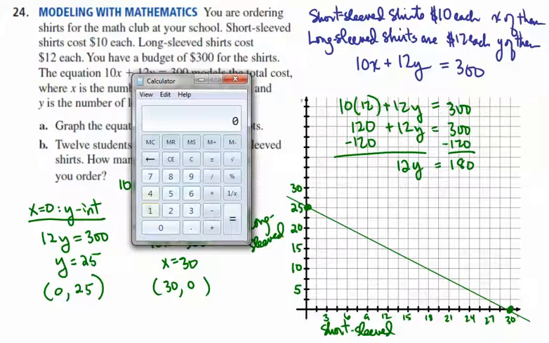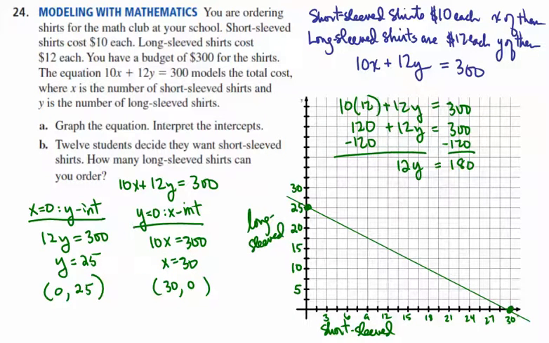And if you needed a calculator, we're going to divide both sides by 12. 180 divided by 12 turns out to be exactly 15. So we divided both sides by 12, and we got y would be 15 in that case.